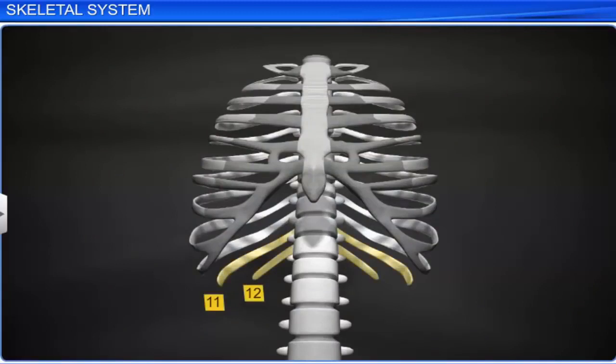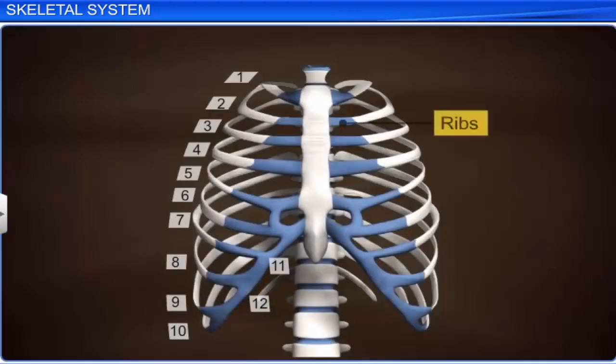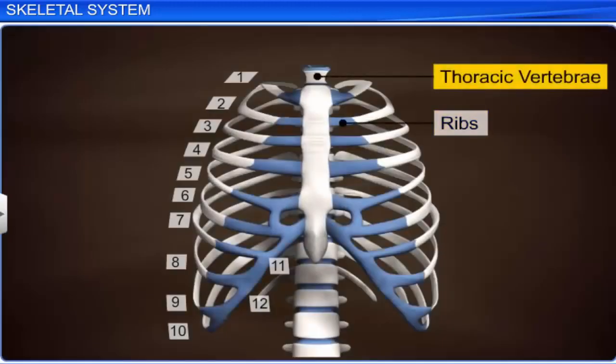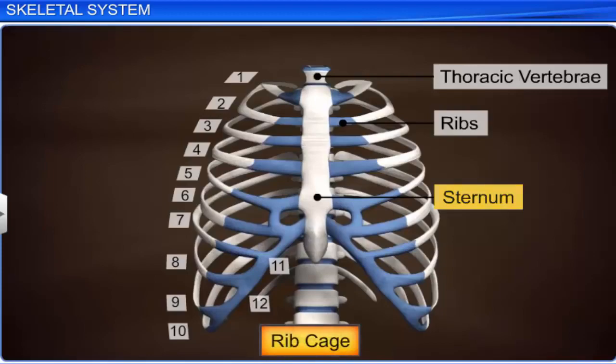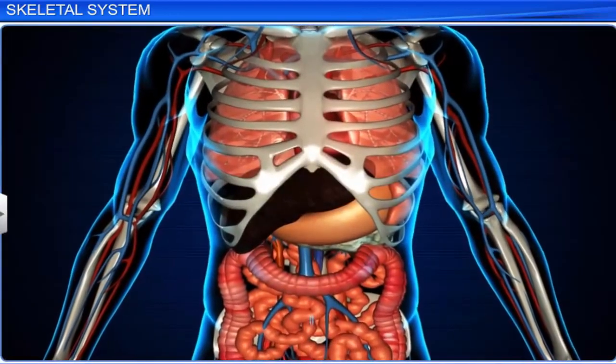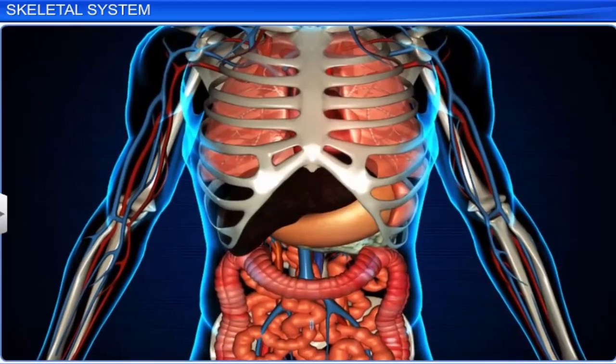The last 2 pairs are called floating ribs, as they are not attached to the sternum. The ribs, along with the thoracic vertebrae and sternum, form the rib cage, which protects vital organs like the heart and lungs.